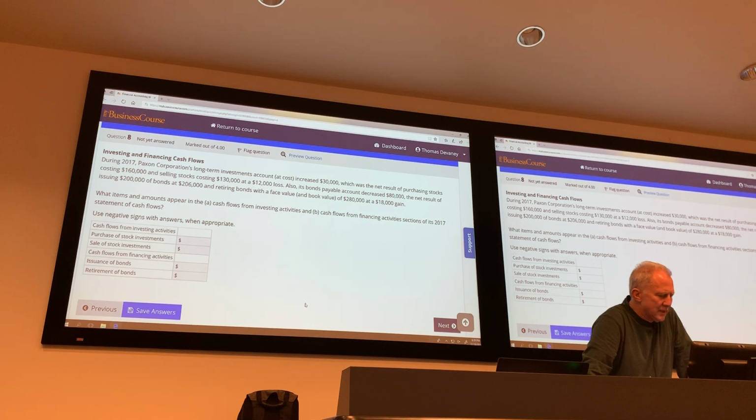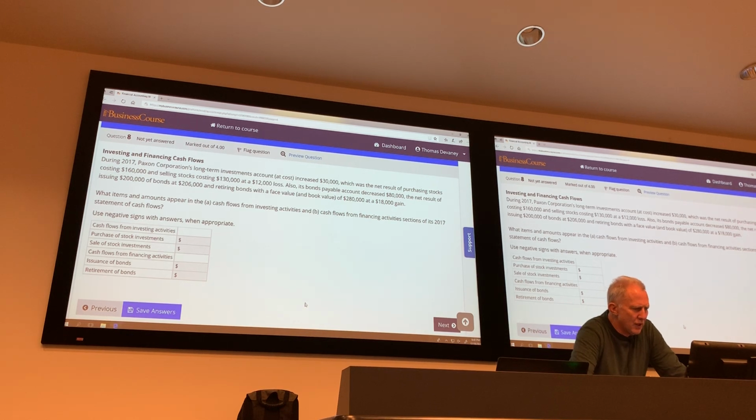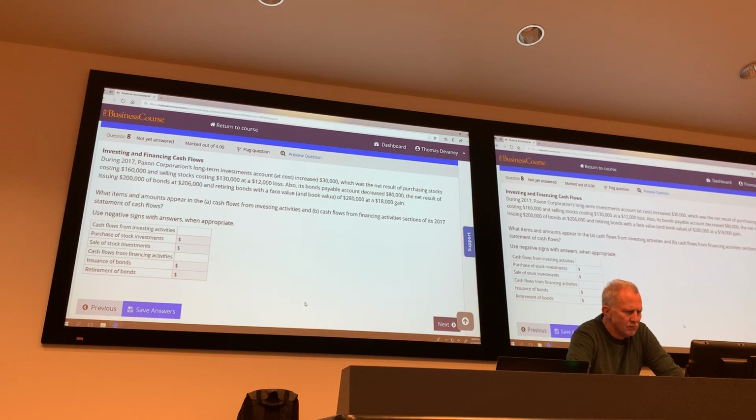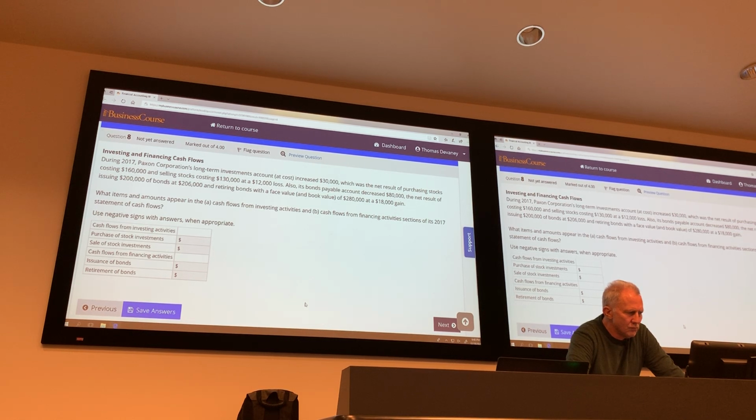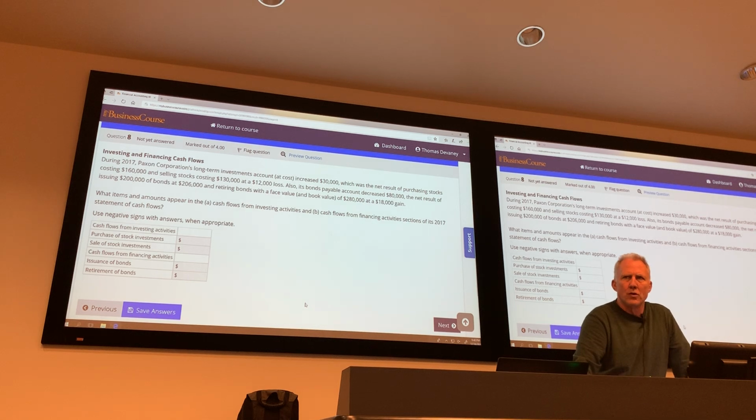I don't see what's confusing about that. I just wonder why do they give you the $18,000 gain? Why is that of interest? The $18,000 gain, if they're retiring bonds with a face value and a book value of $280,000. Because without knowing the gain or loss, you don't know what they paid for.